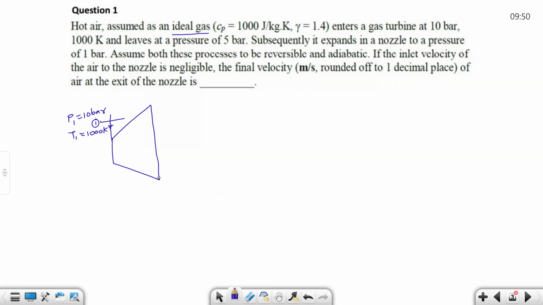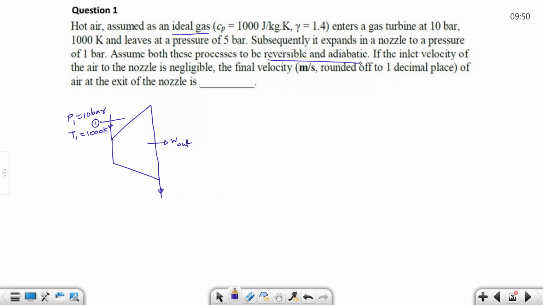Then the turbine produces work output, and the process is reversible and adiabatic. So the process is reversible and adiabatic. That means isentropic.